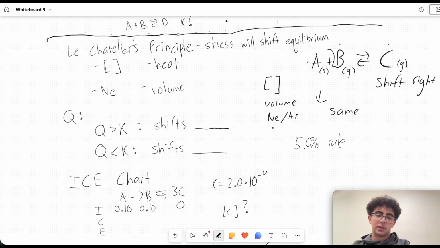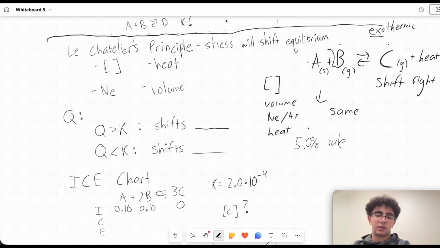And now the last thing you can add is heat. This one is a trickier one. Not really. So let's say this reaction was exothermic. Exothermic means it releases heat. Exo is like it releases. So the way I like to do these problems is the moment it says exo or endothermic, here it's exothermic, I'm going to say heat is on this side because it releases heat as one of my products.